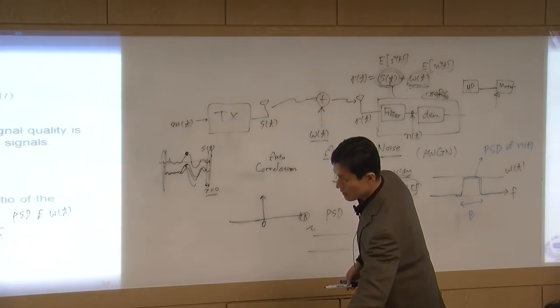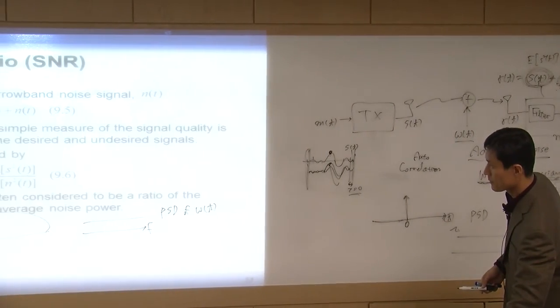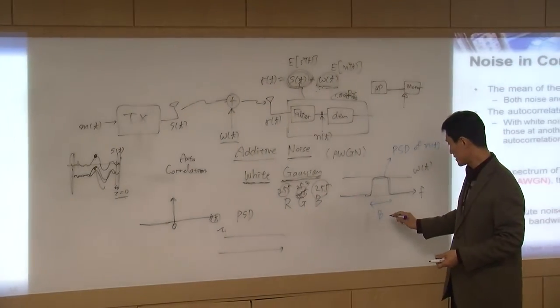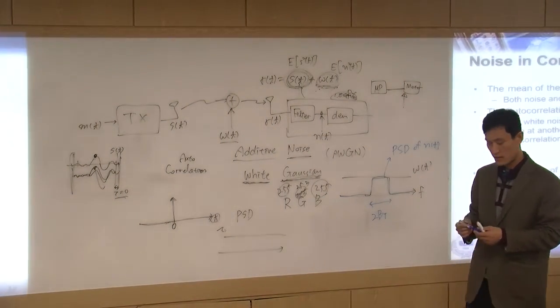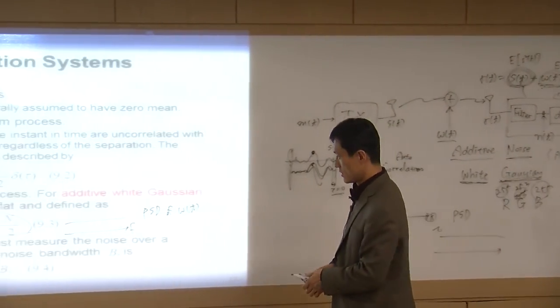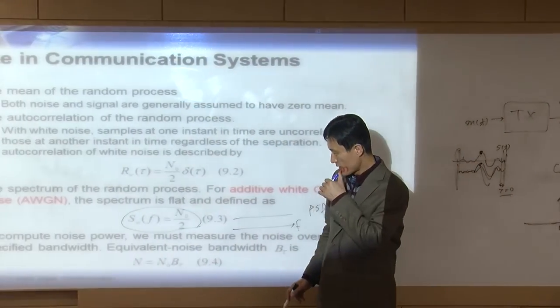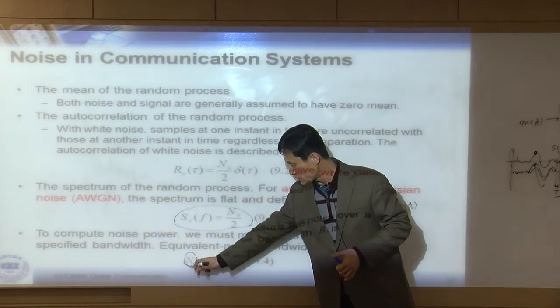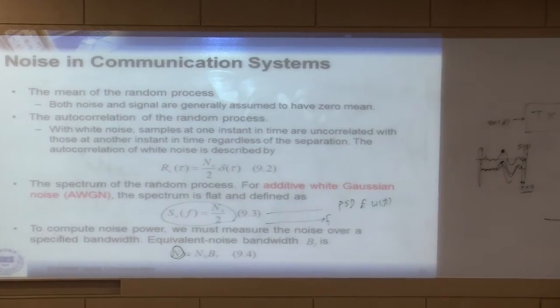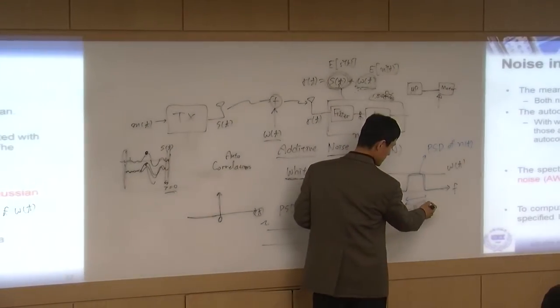It's typically called B, 2BT. That's what we call it. So this noise power N is simply, what is the bandwidth? It's 2BT.